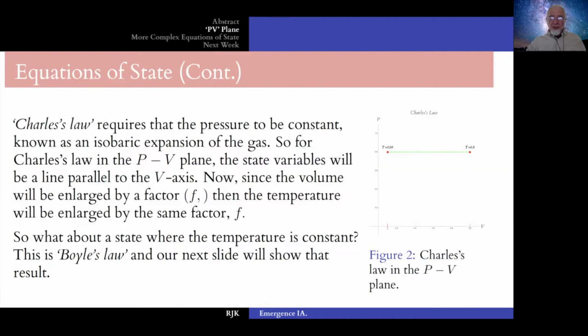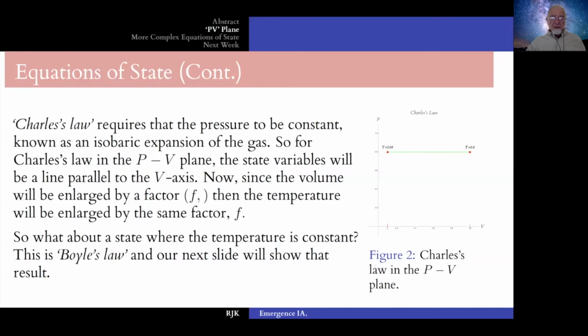But when you're down here at the initial volume, the temperature is 0.08, but when you're down here at the volume 1, then the temperature is 0.8. So the volume went up by a factor of 10, 0.1 to 1, and the temperature goes in exactly the same way, 0.08 to 0.8. So whenever the volume is enlarged by a factor f, the temperature is enlarged by the same factor.